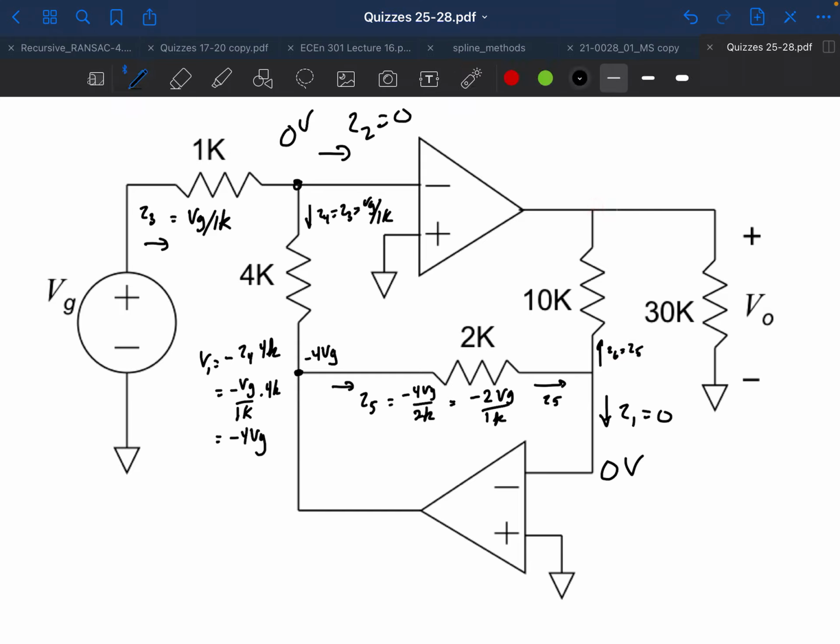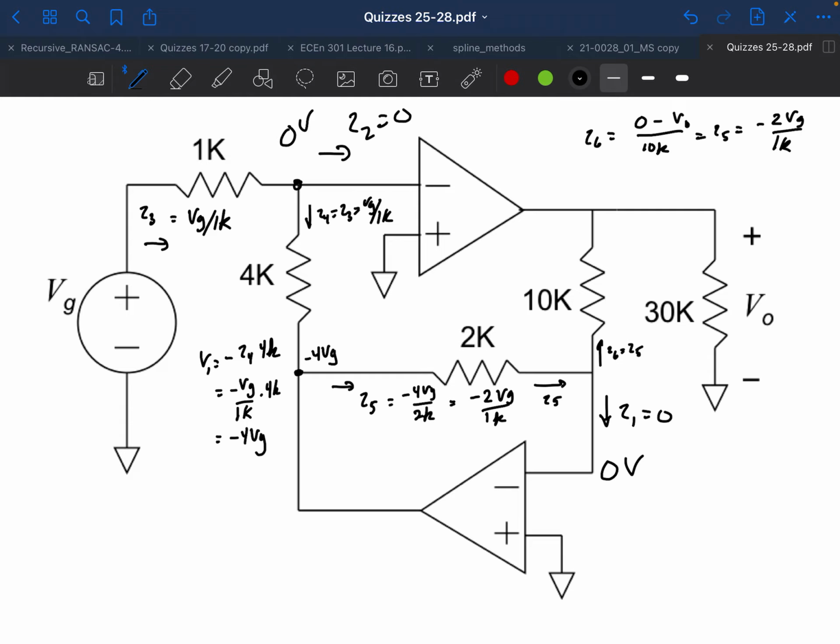So if I were to write that out, this current I6 has to equal 0 minus V naught divided by 10K. And we know what I6 is. I6 is equal to I5, which is equal to minus 2 VG over 1K.